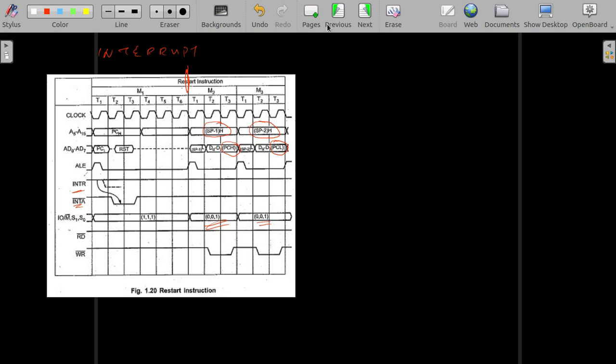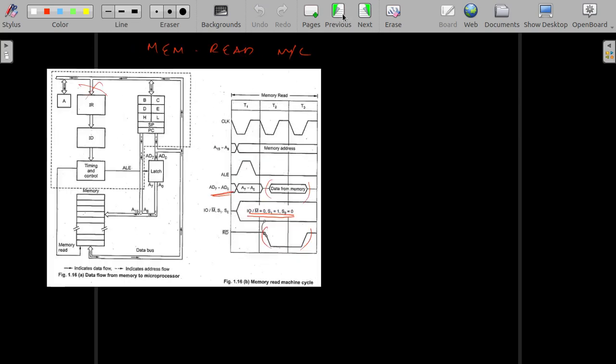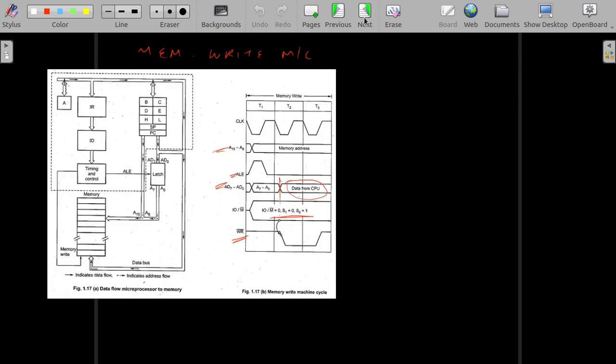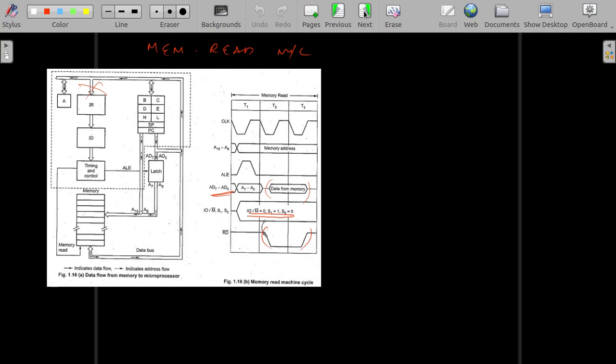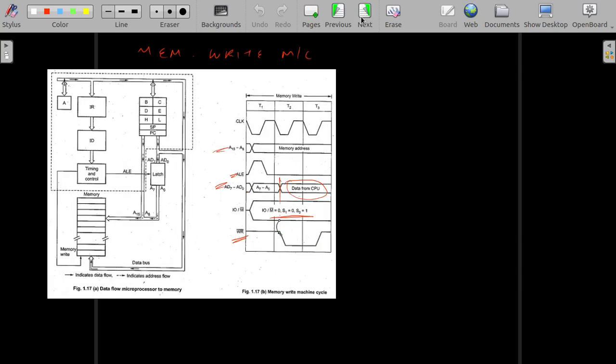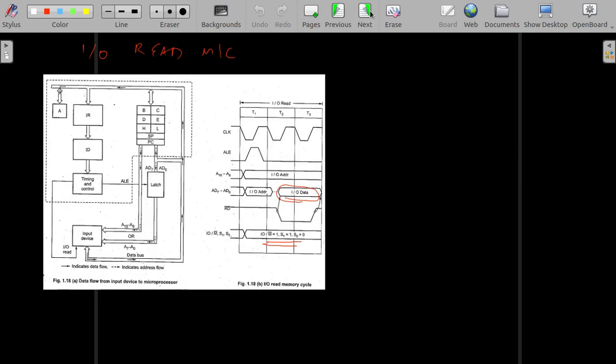With this I hope you got an idea regarding the different machine cycles, how to read them, how to understand them, and how the data flows. These are basic machine cycles, and with them you can synthesize different instruction cycles by concatenating the machine cycles.